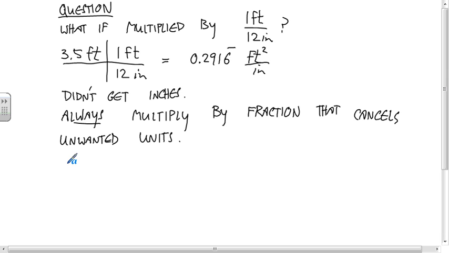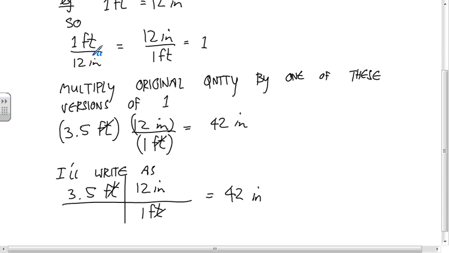We had it in feet, but we didn't want that. We wanted inches. So I wanted to multiply by the fraction that canceled with the feet that were already there in our original quantity. Feet was in the numerator, so we need the fraction that has feet in the denominator so it cancels.